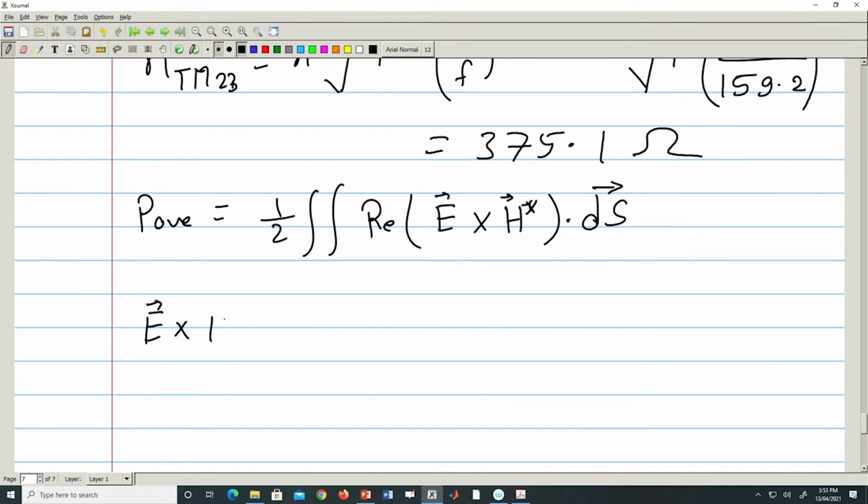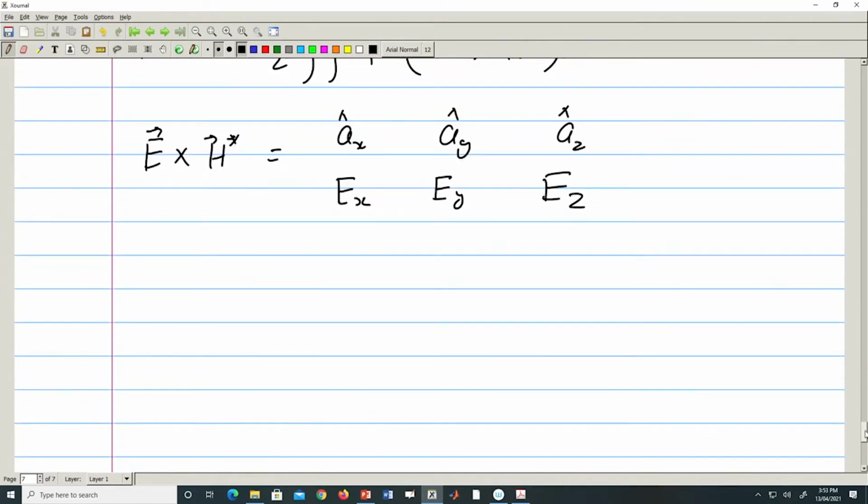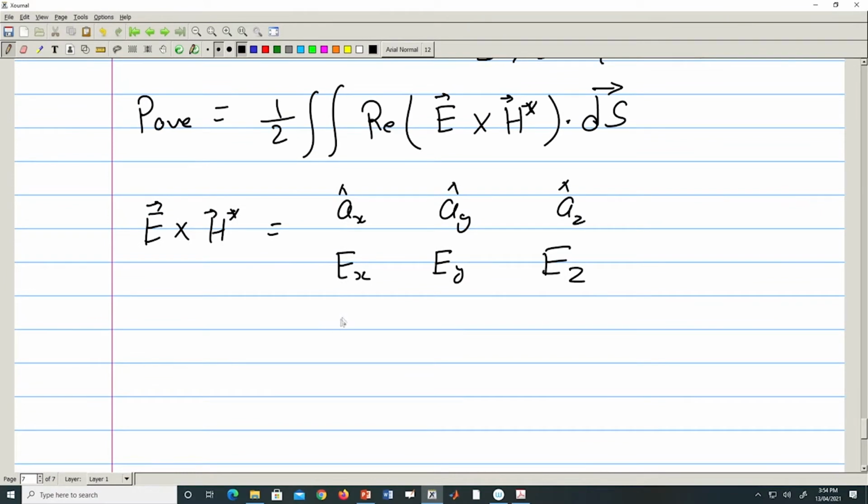E cross H star will be the determinant with Ax, Ay, Az. So, Ex, Ey, Ez, because this is for the TM to Z mode, and this is star: Hx star, Hy star, and Hz star will be 0, because this is for the TM to Z mode.